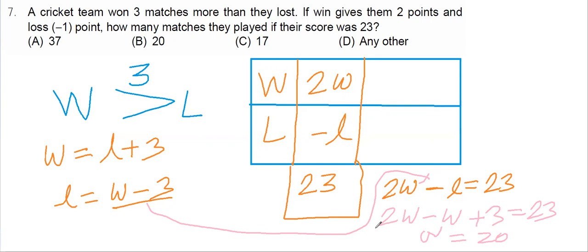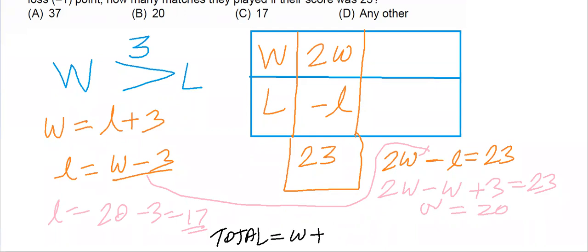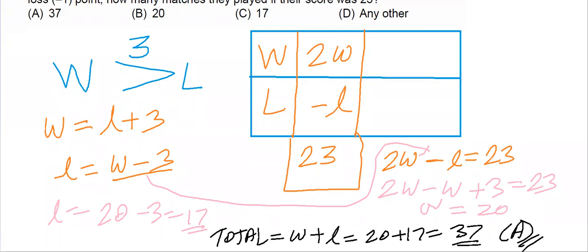It means we need to find L plus W both. L will be 20 minus 3, that comes to 17. So total matches they have played, the matches they won plus the matches they lost, is 20 plus 17, which is nothing but 37. So A is the correct option for this question.